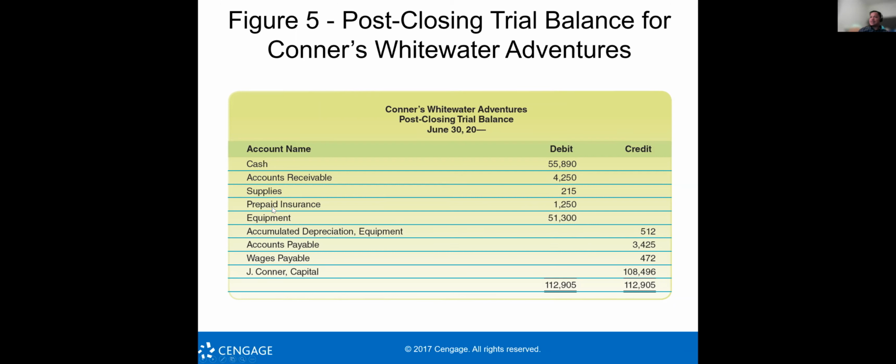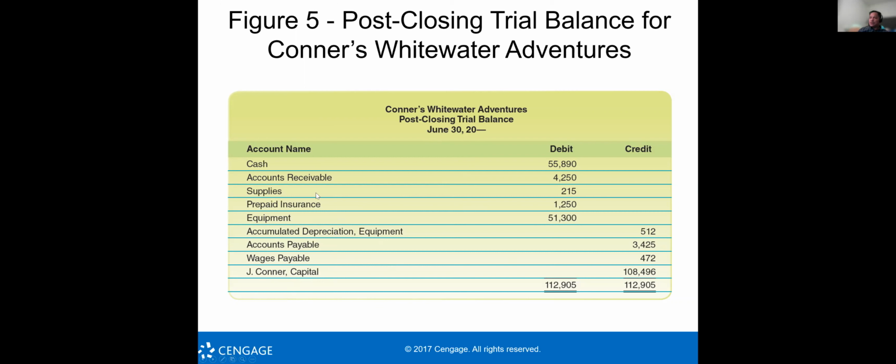So you have the assets, the liabilities, and the capital account. Those are the remaining accounts in your post-closing trial balance. You won't see any revenue, expense accounts, or the drawing account, because you already closed them.